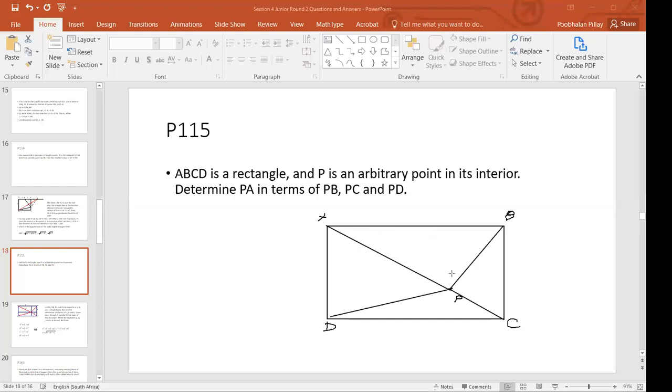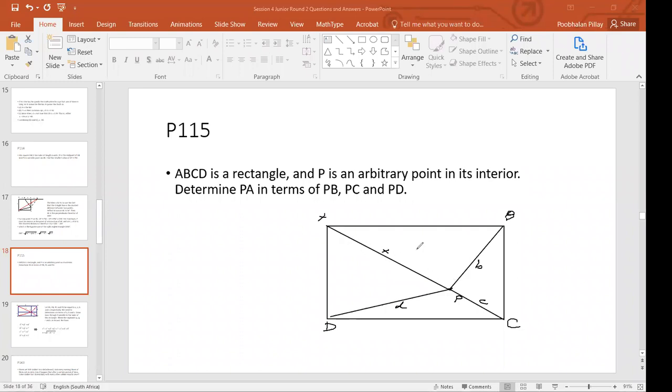Now, the question says find this length here. Let's call it X, because we don't know what it is. So let's call this B, C, and D. We want to get a formula.